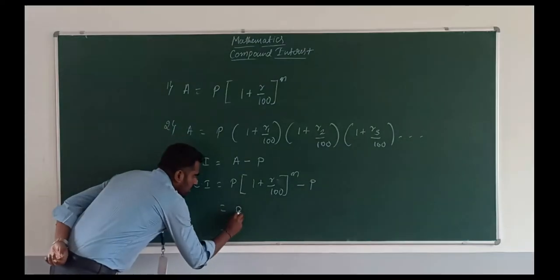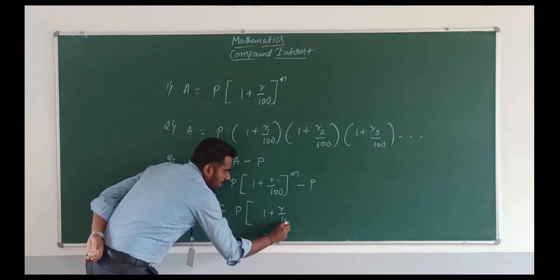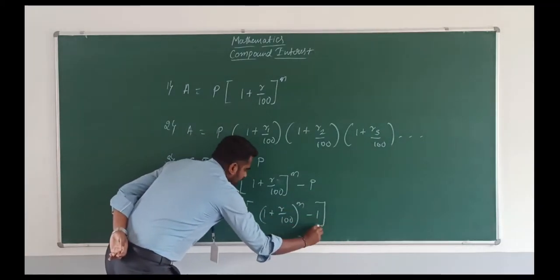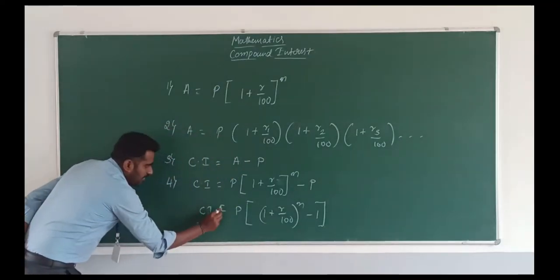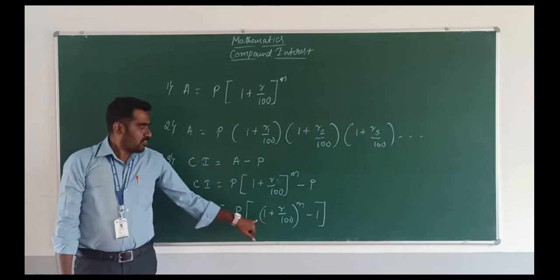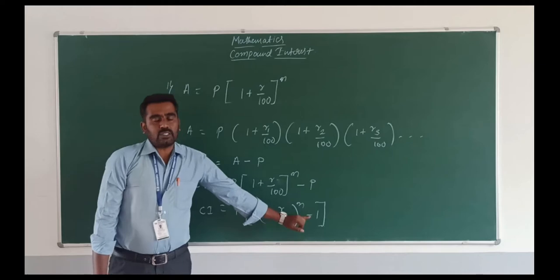So, it is P of 1 plus R by 100 to the power n minus 1. So, the direct formula for finding the compound interest is P of 1 plus R by 100 to the power n minus 1.